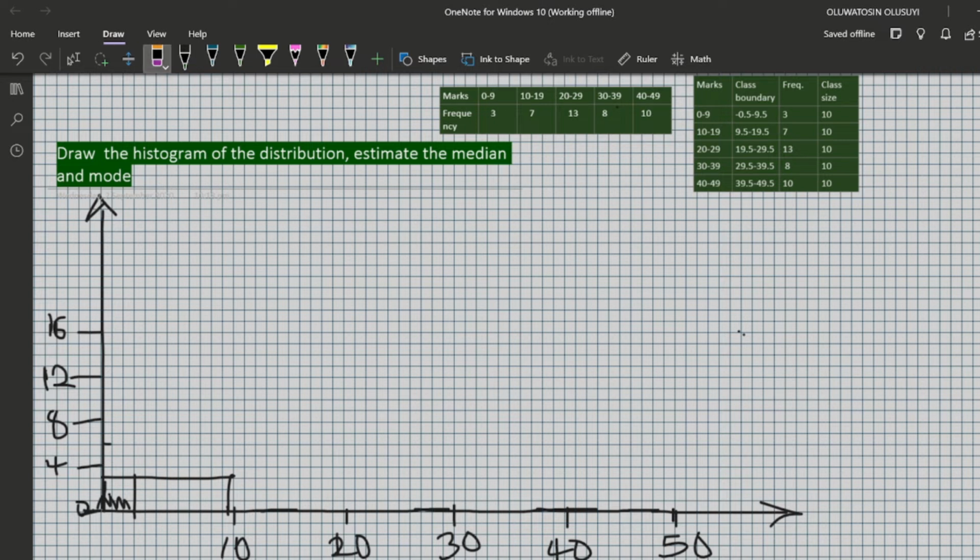So that's my 3 corresponding to 9.5, and 3 to 0.5 to 9.5. And the next one, 9.5 to 19.5, is my 19.5.